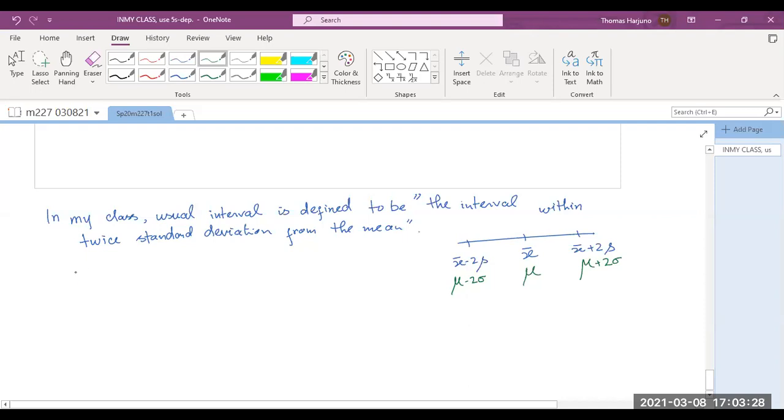We use this definition, especially when the sample size or population size is at least 30.